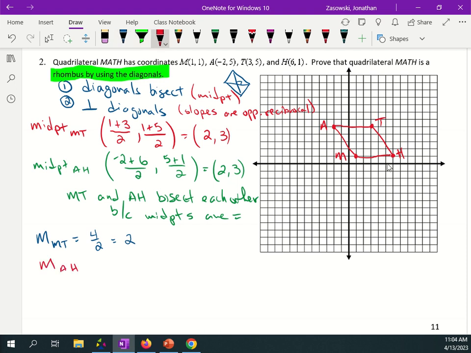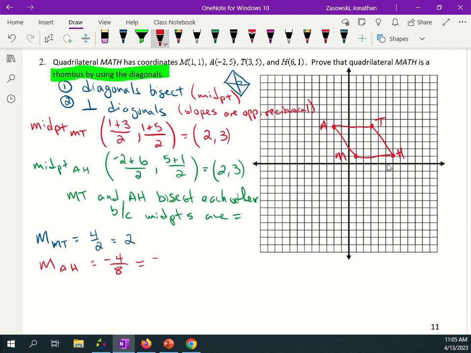How do we get from A to H? Well, we got to go down 4, so that's negative 4 over 1, 2, 3, 4, 5, 6, 7, 8. And remember, if this is 2, the negative reciprocal of 2 is negative a half.